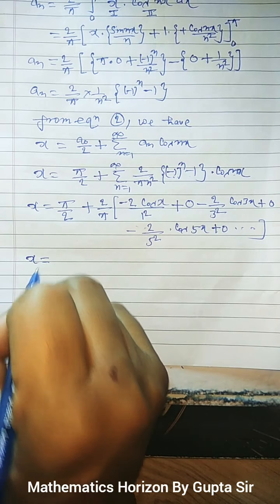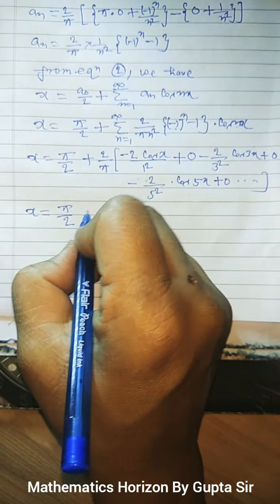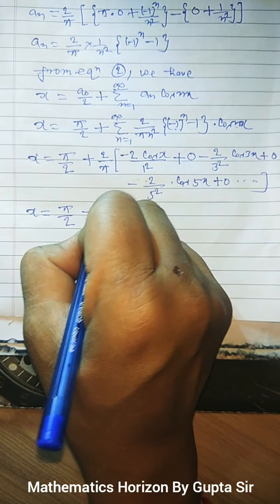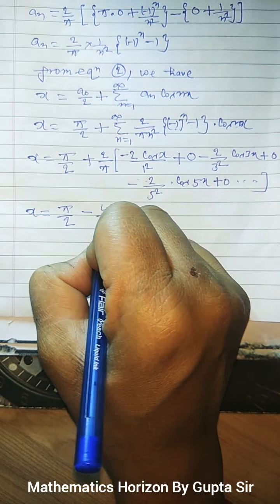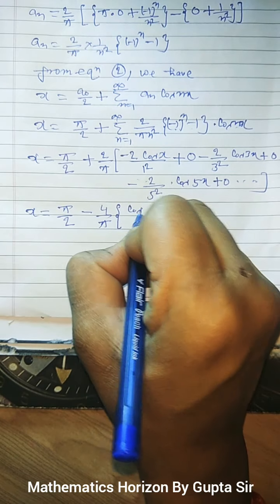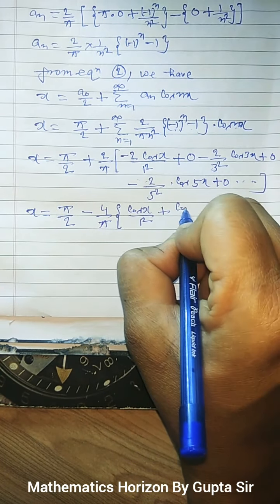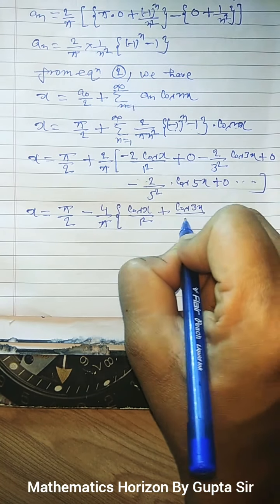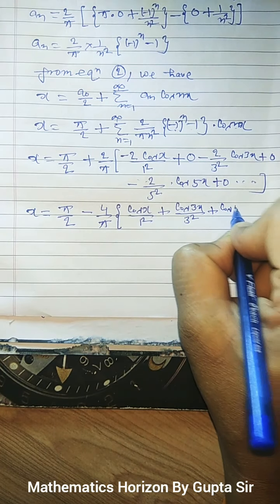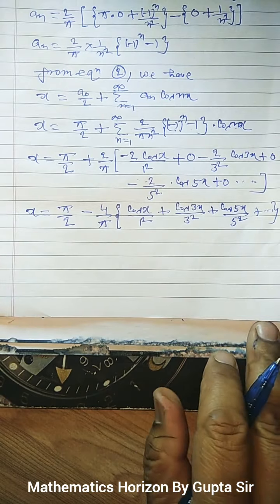Finally, what we have, x equal to pi by 2 minus 4 upon pi, the common term, and here we have cos x upon 1 square plus cos 3x upon 3 square plus cos 5x upon 5 square, and so on.